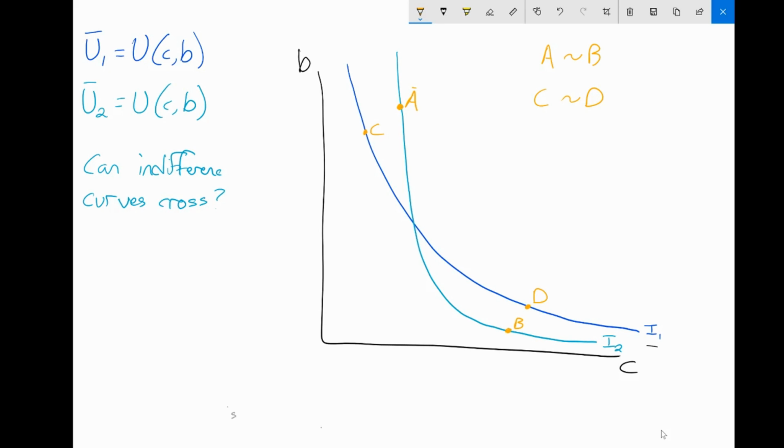All right, well, I will go ahead and spill the beans, and that is because of transitivity, no, they cannot cross. Why? Well, let's demonstrate.